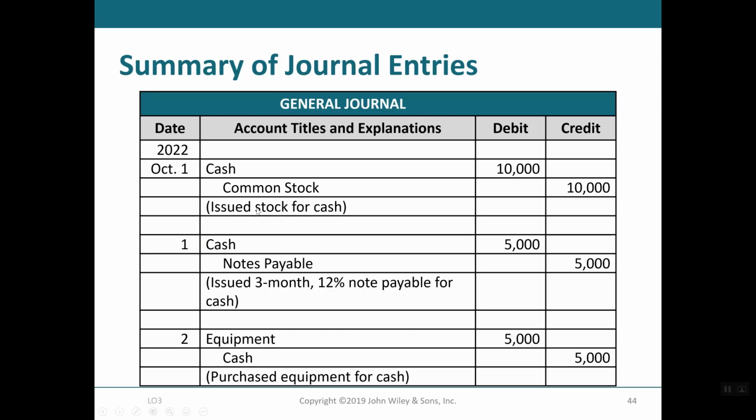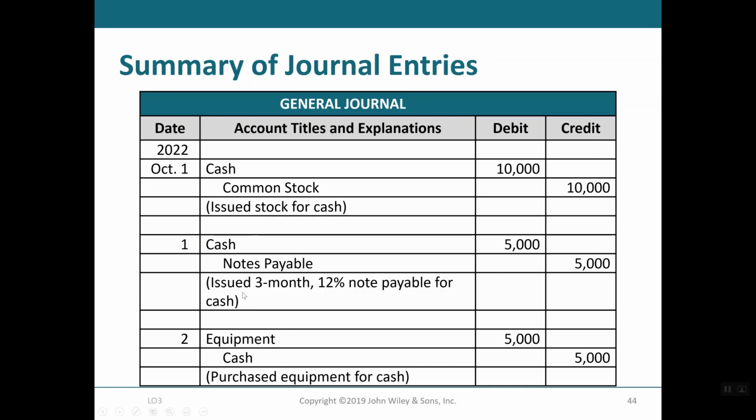So here we have for October 1, issued stock for cash. Immediately after every journal entry, you want to be able to put a little explanation in your own words and with clarity, such that anybody who reads this journal, even when you are not there, has the ability to understand what the transaction is all about.